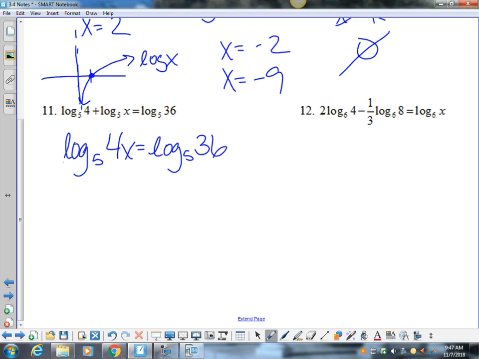I'm going to 5 it. 4x equals 36, so x equals 9.